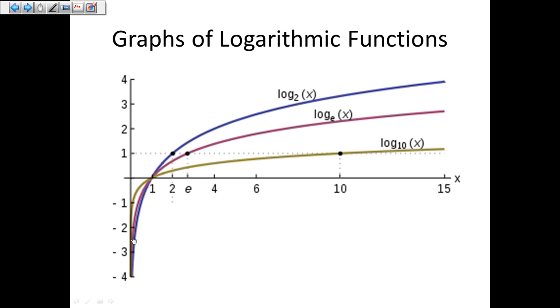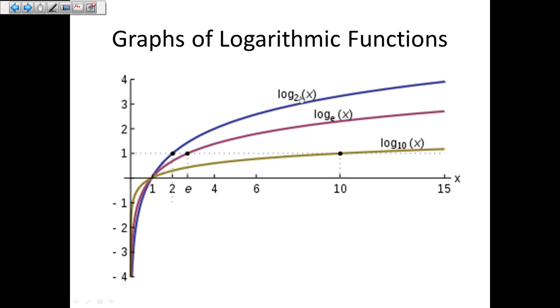These graphs can never touch or cross the y-axis. Now if we did some transformations, then they could move past the y-axis. But without any transformations, they all approach the y-axis without touching it, without crossing it. Now here you see the y = 1 line kind of dotted across here, and the point is that at y = 1, this blue curve is at x = 2.